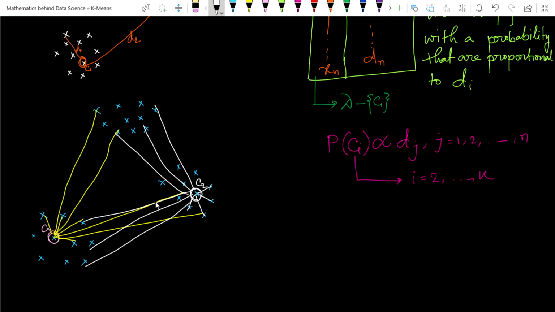The main thing is that we have already picked C1 as a centroid.